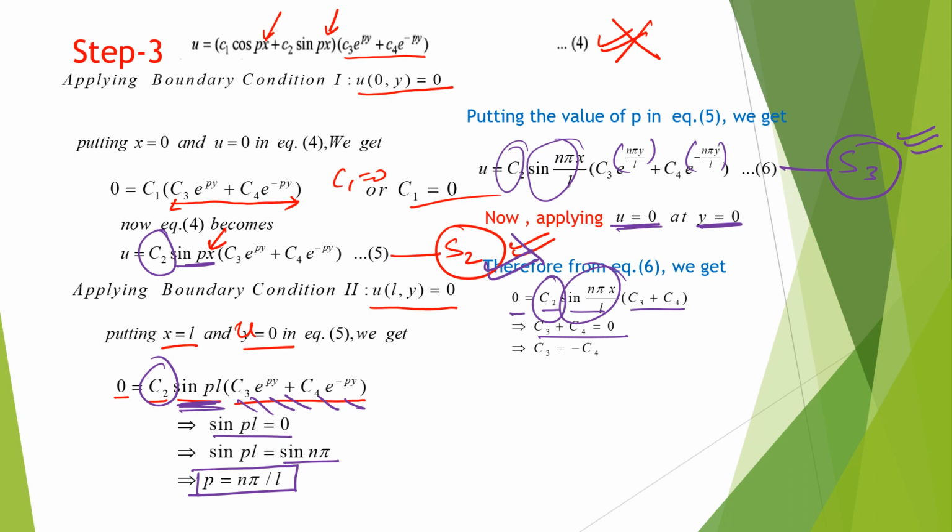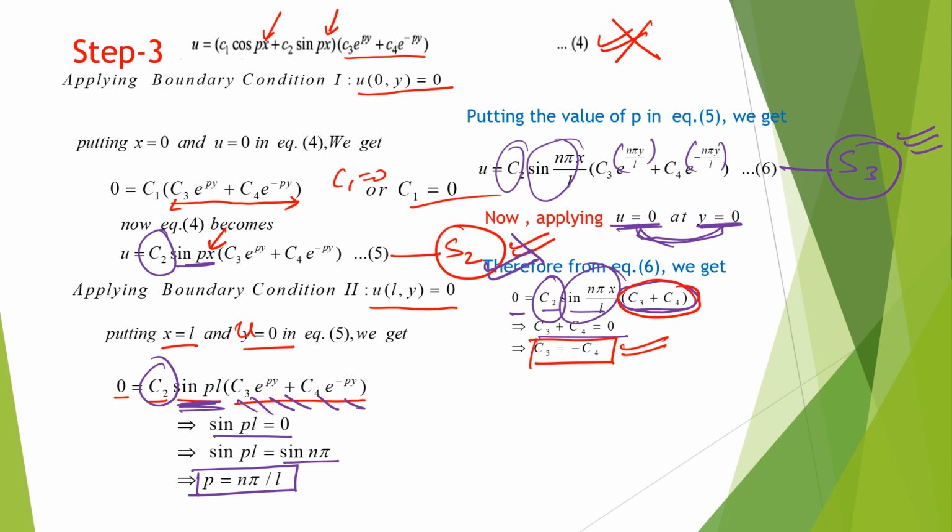We only take the values which got affected after substituting the boundary condition as equal to 0. We find that the only changed place is c3 plus c4, so c3 is equal to minus c4.